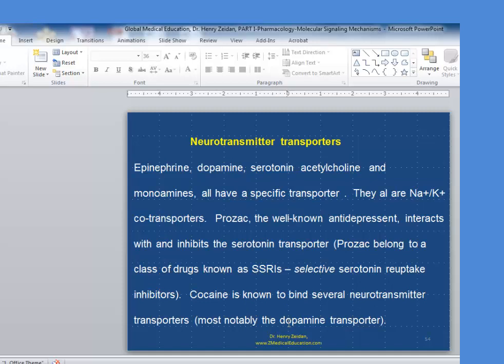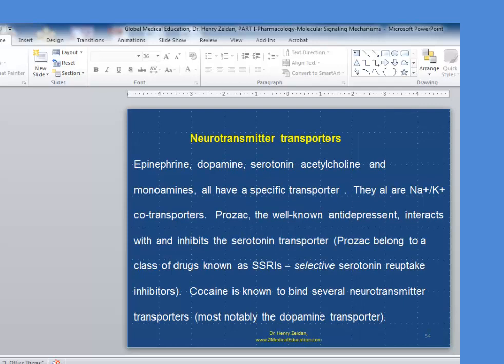Cocaine functions as well, essentially binding to several neurotransmitter transporters. And you have to keep in mind that all of those neurotransmitters, epinephrine, dopamine, serotonin, acetylcholine, biogenic amines, have specific transporters. So I think we covered that previously.